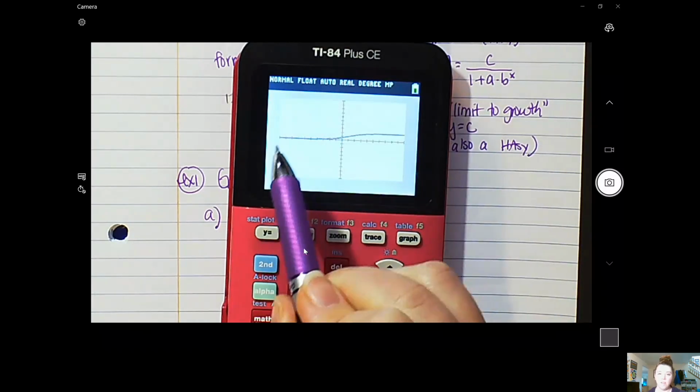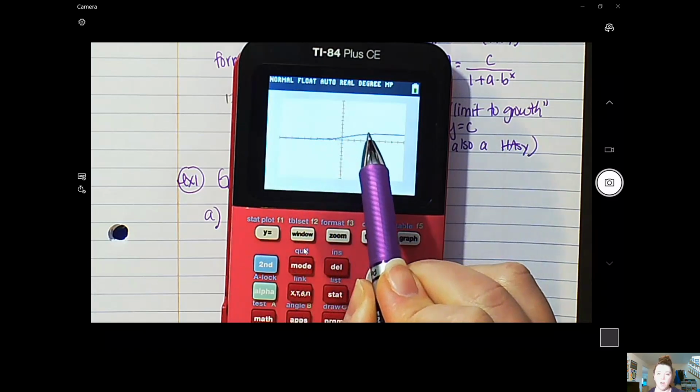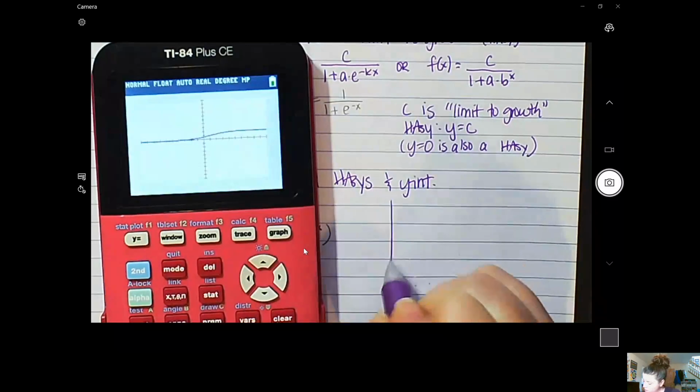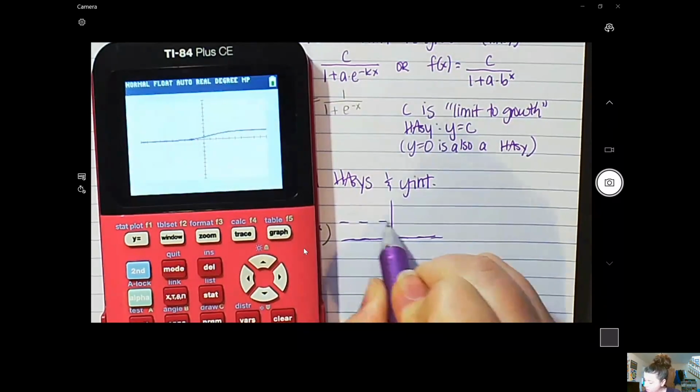And I can see it has that shape, right? I can see there's the horizontal asymptote right there, and then it grew for a while, and then it's leveling off again. So I always sketch what is shown on my calculator on my paper.